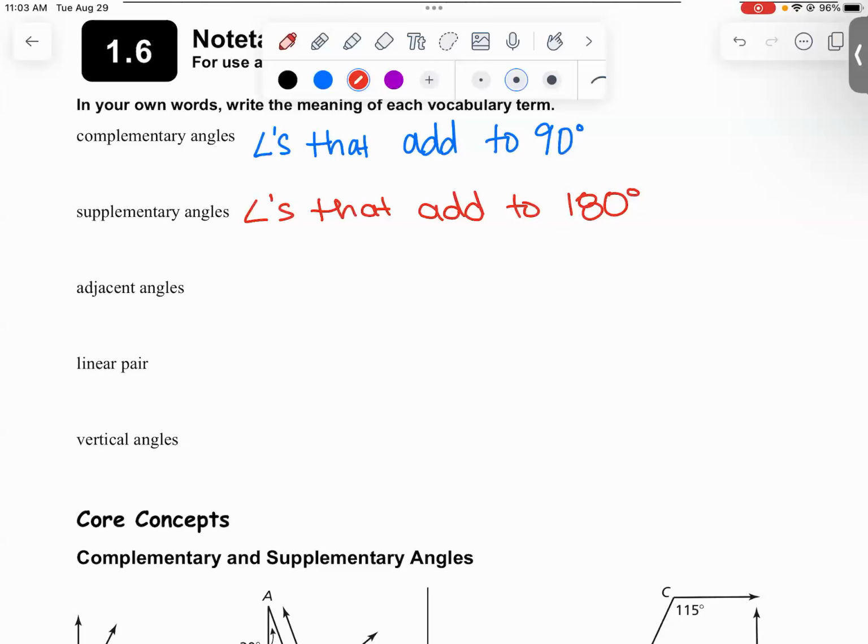So angles that are adjacent share the same vertex, yes, and they share a side, which has the vertex on it. So angles that share a side.